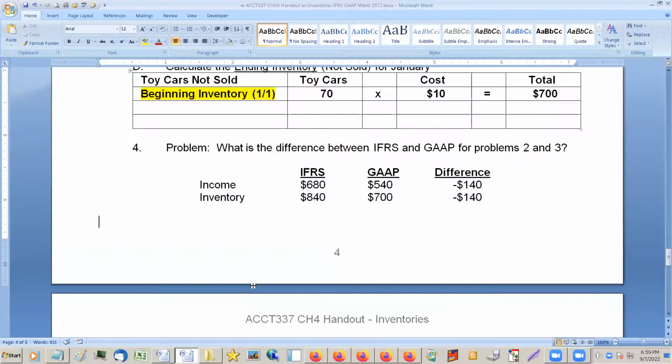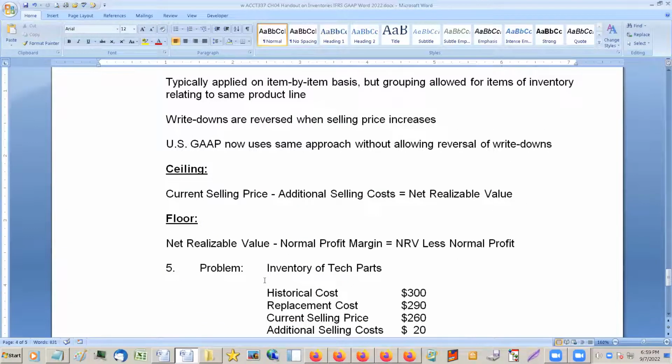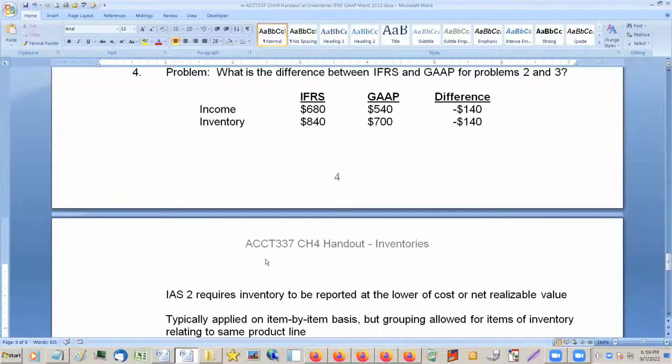Okay, let's go ahead. Hopefully we'll finish up a little earlier than that. Lower of cost or market. So let's say be back at, what time was it? Let's say 7:10.